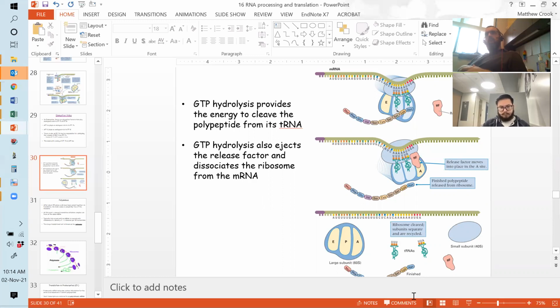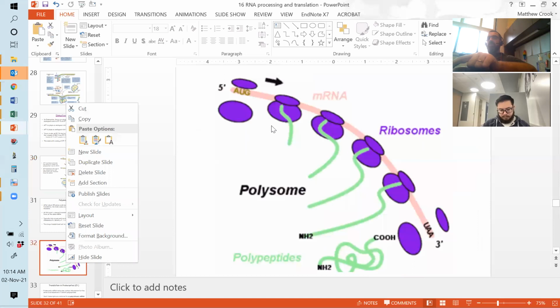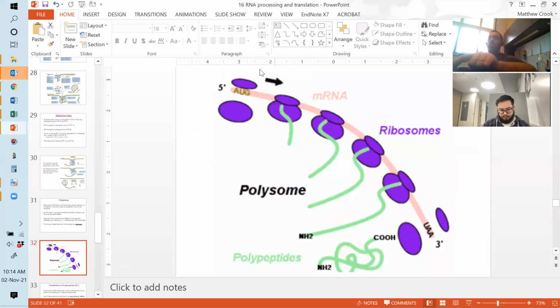Right? So quite often, translation is taught as a one and done thing, right? One mRNA, one ribosome goes along it, makes a protein. But really, it's actually a lot more complex than that. As soon as that start codon becomes available again, and this is whether it's eukaryotic or prokaryotic, another ribosome can either assemble on it, if it's prokaryotic, or scan to it and begin translation.